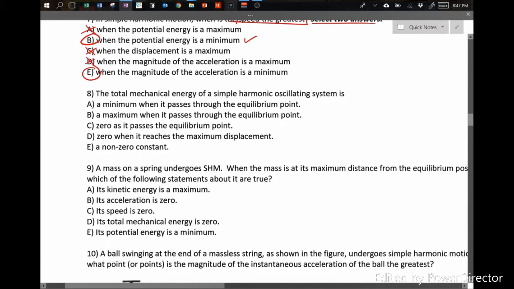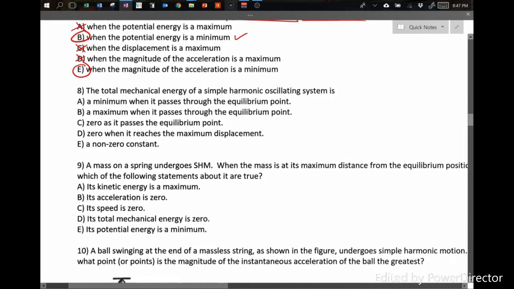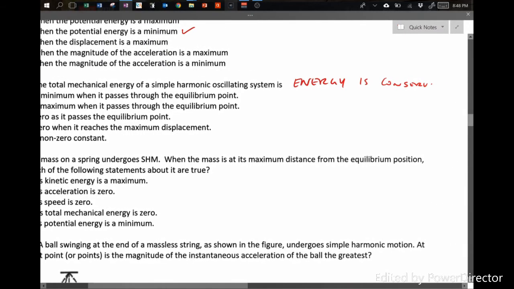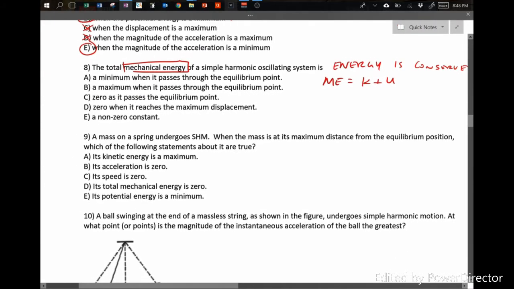Number 8, the total mechanical energy of a simple harmonic oscillating system is, all right, if what's happening here is an exchange between potential and kinetic energy, then energy is conserved. Specifically, mechanical energy is conserved. When we say mechanical energy, kinetic energy plus potential energy is my mechanical energy.